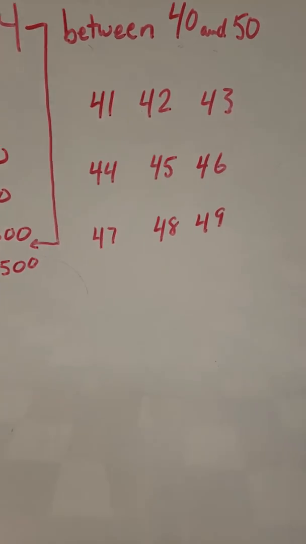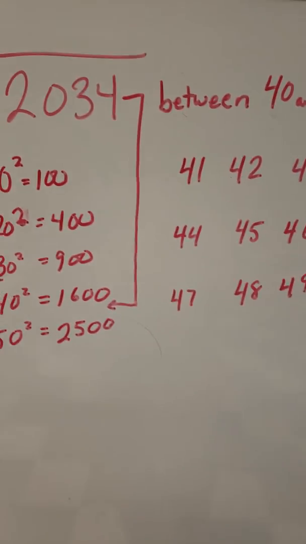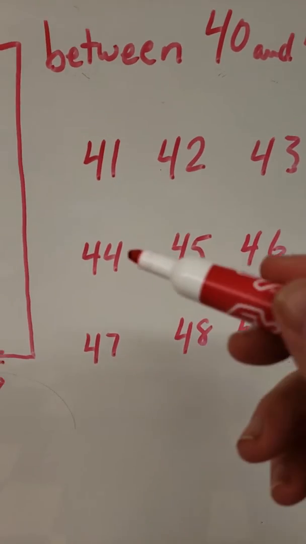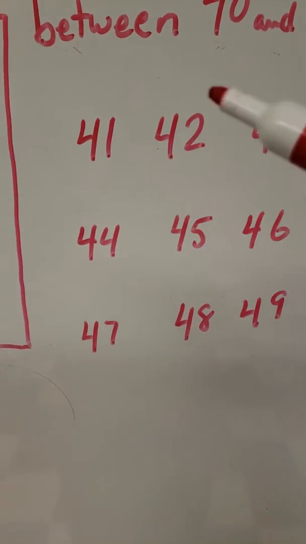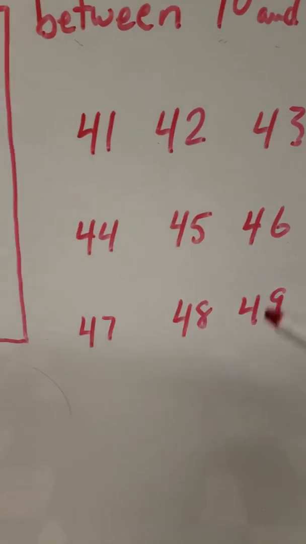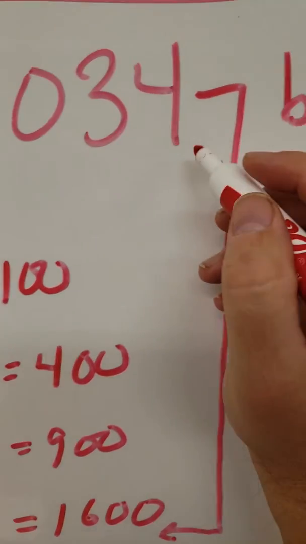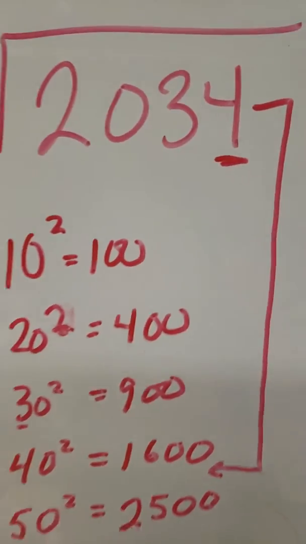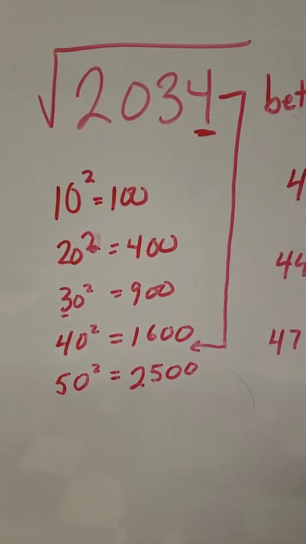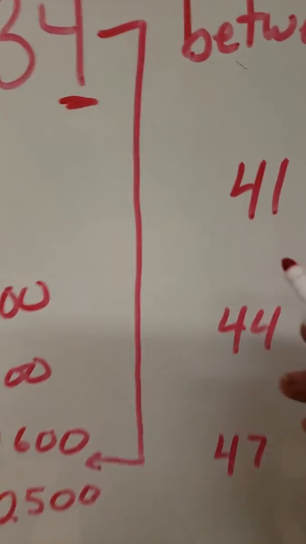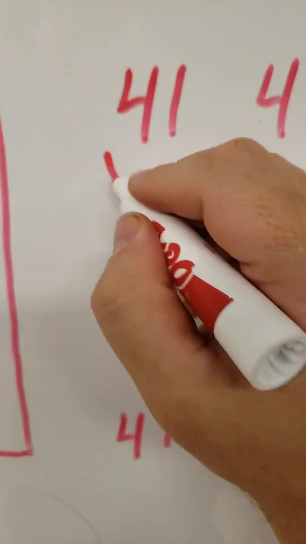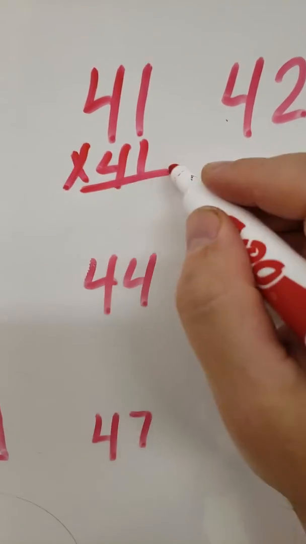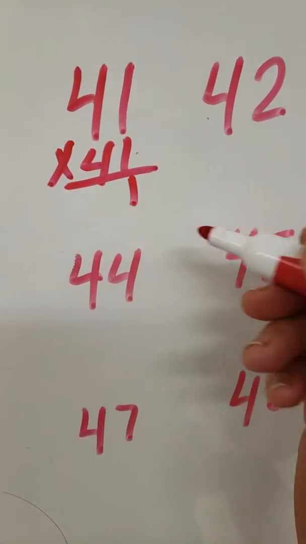Because I know that after I multiply 41 times 41, 42 times 42, 43 times 43, and so forth, the number that I get has to end with a 4 because 2,034 ends with a 4. So if I try doing 41 times 41, 1 times 1 is going to be a 1.